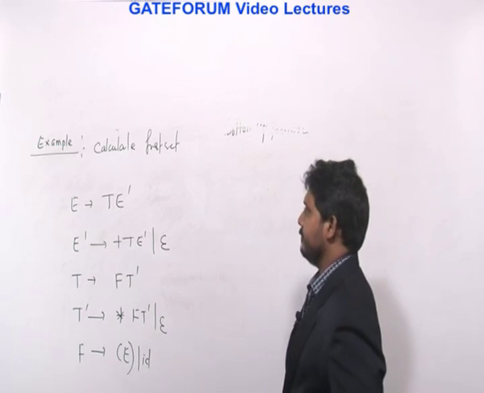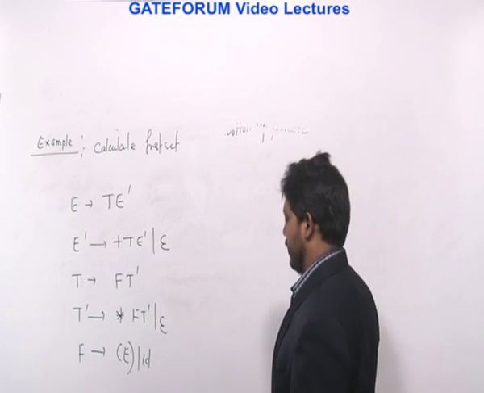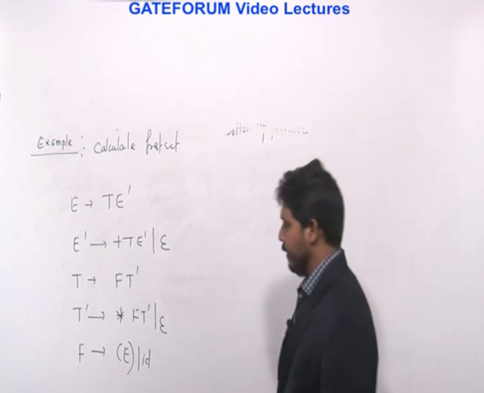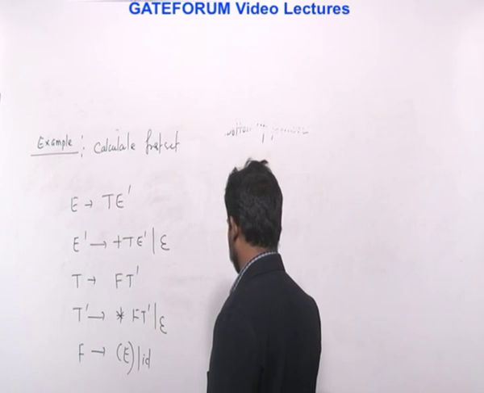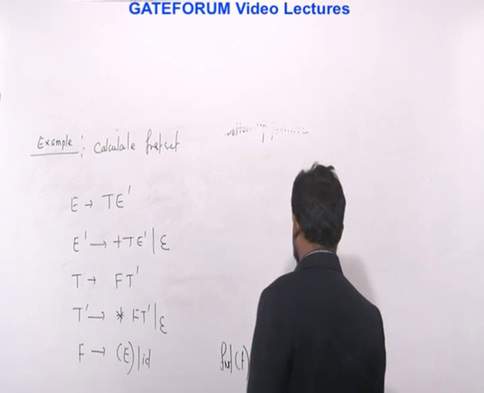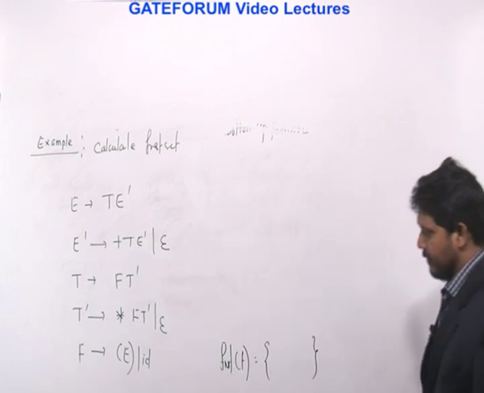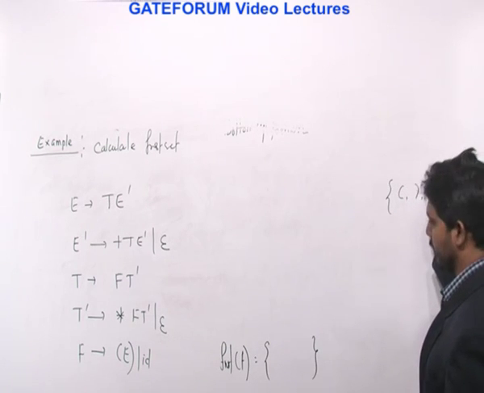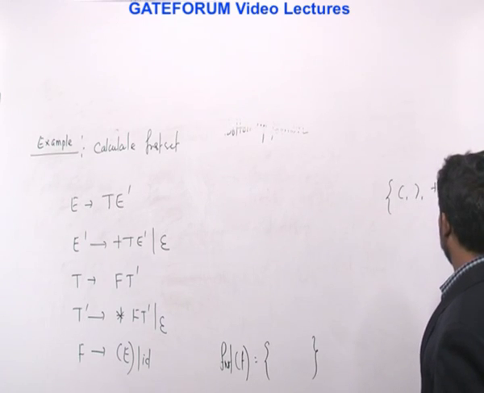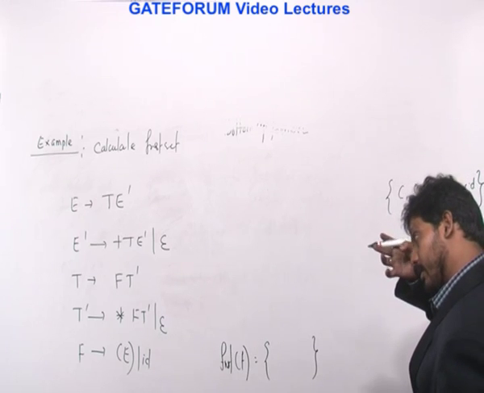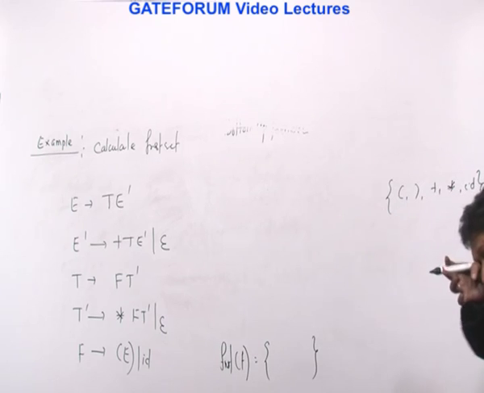Now in this case, again, what I advise you is to start calculating in a bottom up fashion. So it must be first of F. Now which case is applicable here? E dash, T dash and F are the non-terminals, and the rest, opening bracket, closing bracket, plus, multiplication, ID, are all terminals.